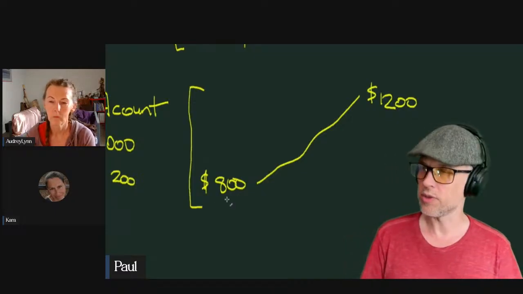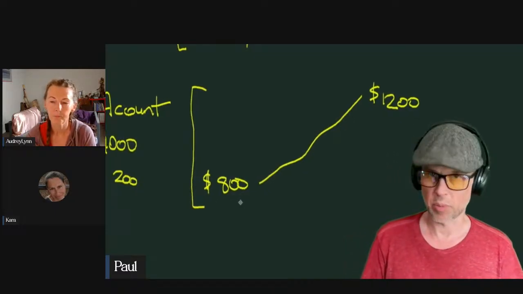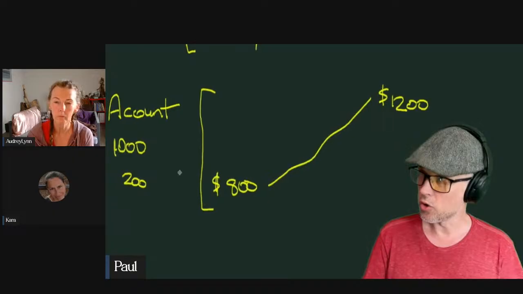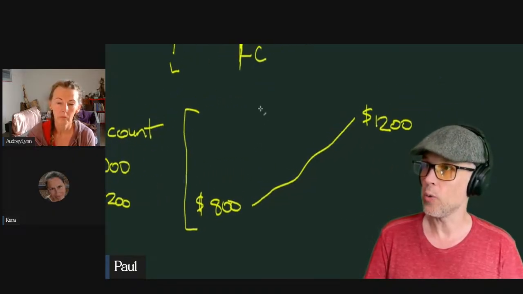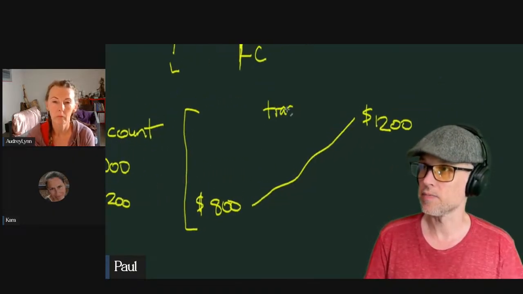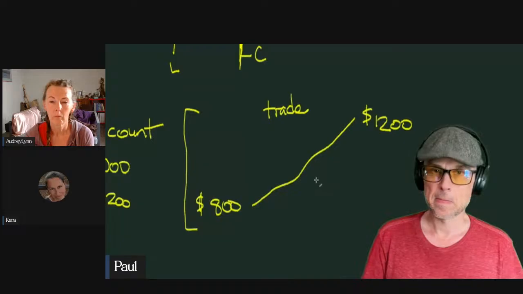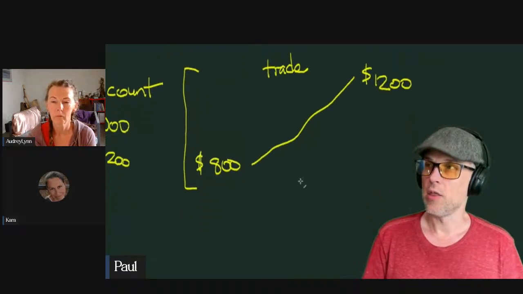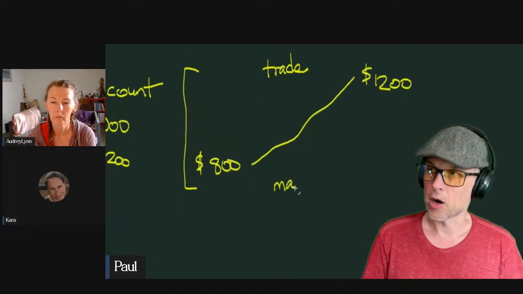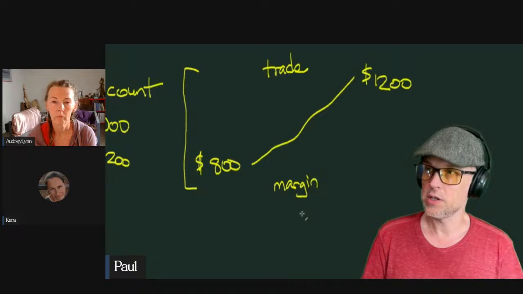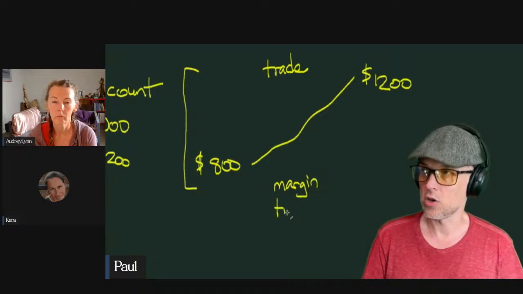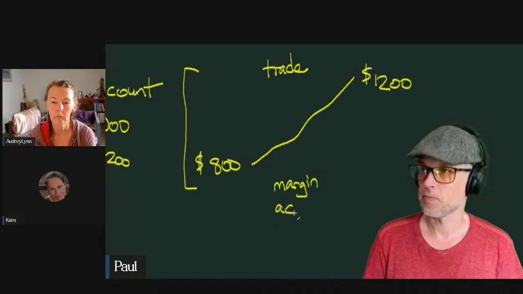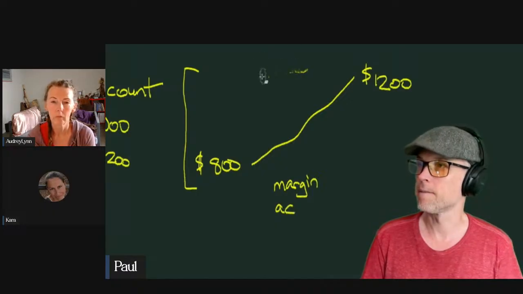You think it's going to go up, and so you buy, and those $800 go into the trade itself. Or another way that they measure this is called a margin account. The other one is a trading account. This is called the margin account.